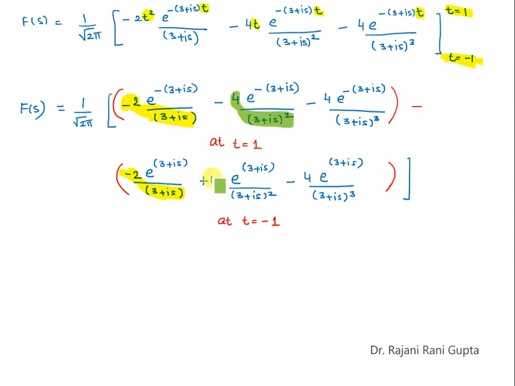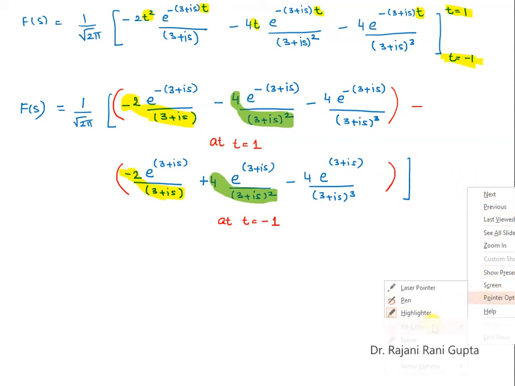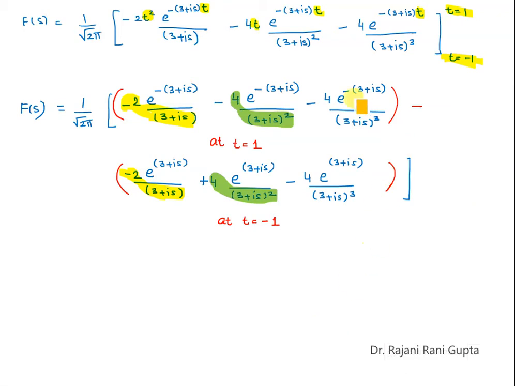Same, 4 over (3 plus iota s) square. I can take it as a common factor. Similarly, in the third term, we can see that 4 over (3 plus iota s) cube is common. Here we can take even the minus sign as a common factor.